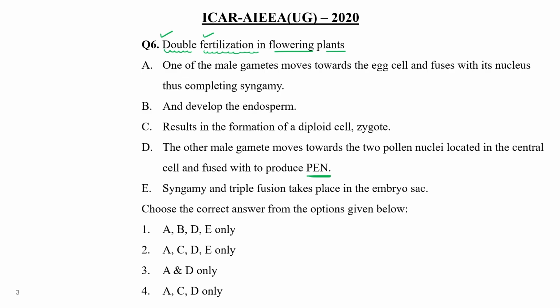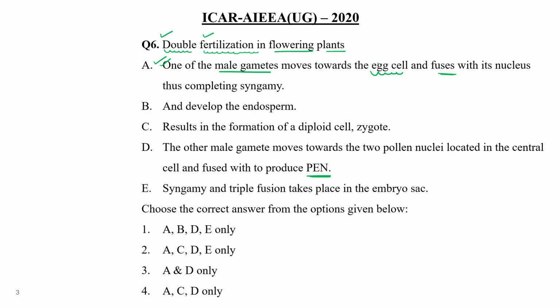Okay, double fertilization means fertilization occurs 2 times. In that, one male gamete moves towards the egg cell and fuses with it, and this is known as syngamy. So this statement is 100% correct. There are two male gametes present in the pollen tube.